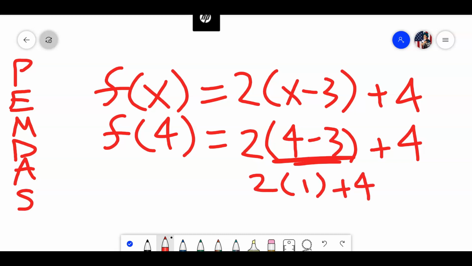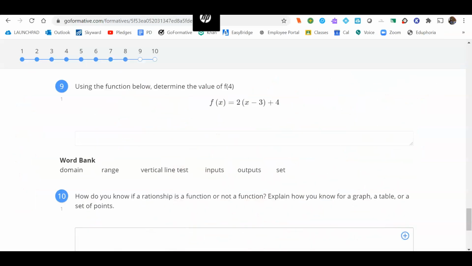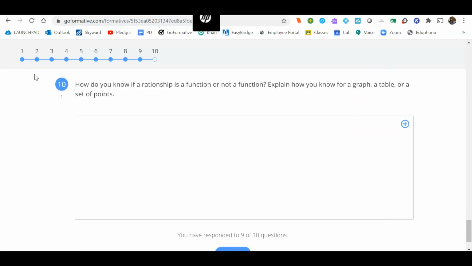Then exponents, then multiplication, right? So 2 times 1 is 2. 2 plus 4 is 6. So f(4) = 6, right? So using the function below, determine the value of f of 4. So when we are putting our answer, we put the number 6.